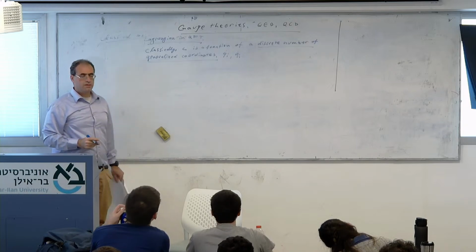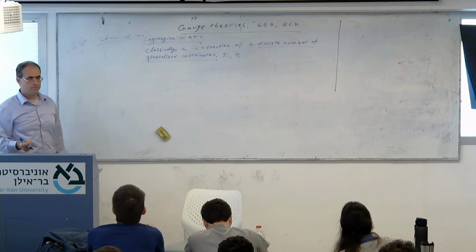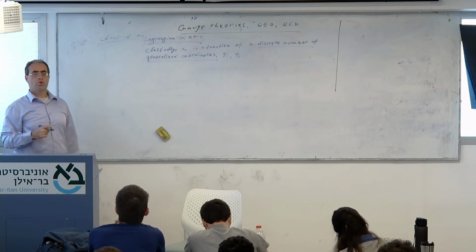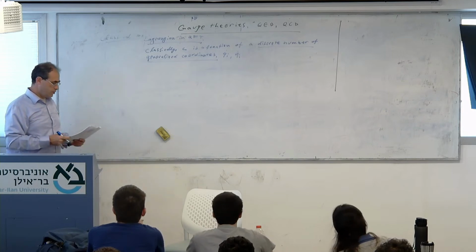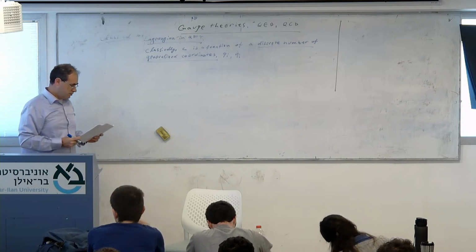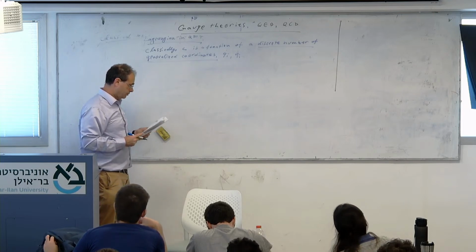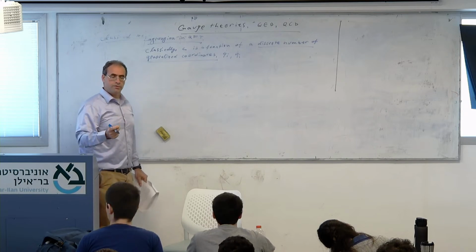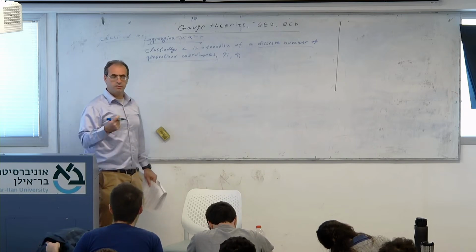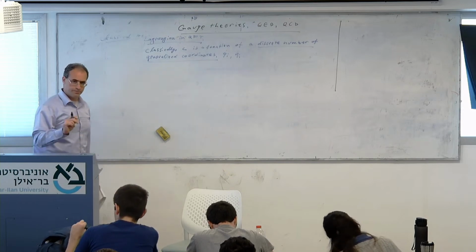Now, what is the basic entity in quantum field theory? It's a field. And the field is continuous. It's everywhere in space. Similarly, when we talk about the energy, for example, of the field, this is a continuous function of space. So there's no discretization.